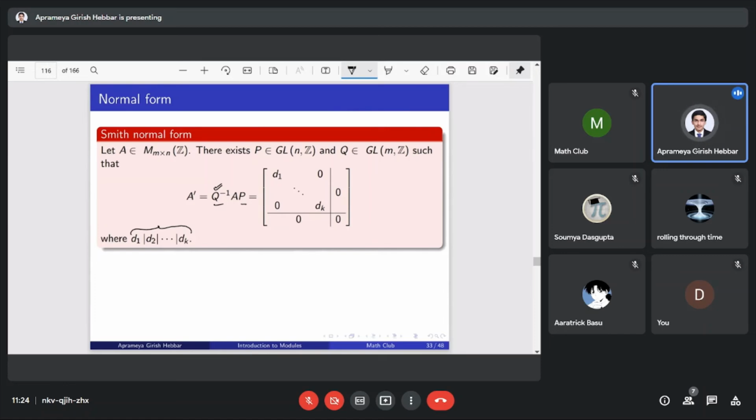The product of all such elementary matrices that correspond to the row and column operations will give you this Q and P. And finally, why these divisibility relations? Because after steps 1 and 2, we ensure that every element of the submatrix is divisible by di. I hope this is clear why this theorem is true.